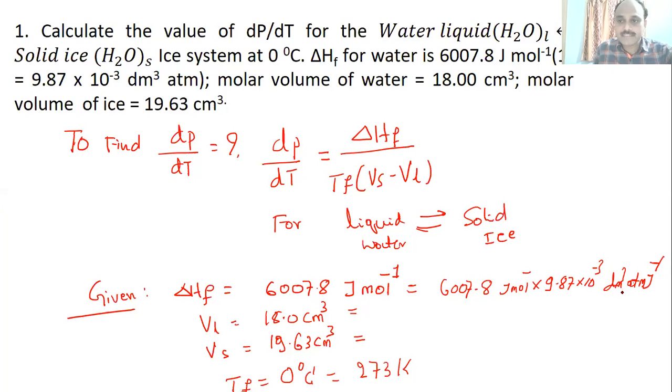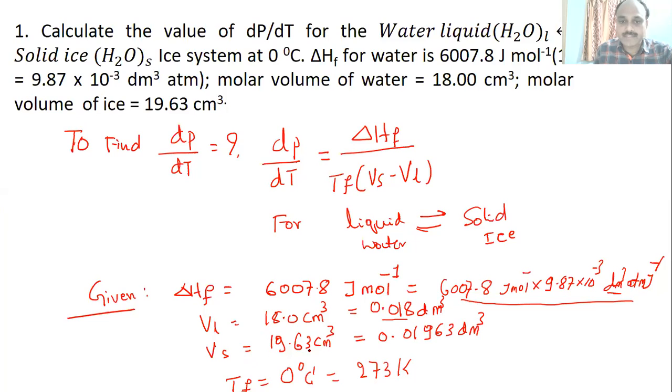And further, since it is in dm cube, this 18 cm cube can be converted into dm cube as 0.018 dm cube, and this is 0.01963 dm cube.